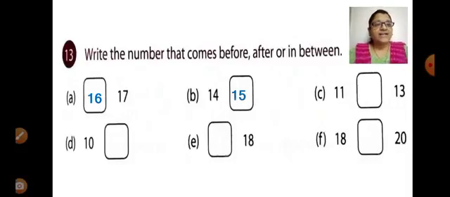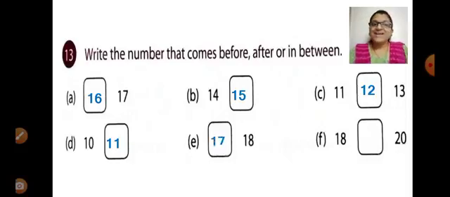Next, 11 dash 13. Here we have to find out the between number. Number 12 comes between 11 and 13. Next, 10 dash. Number 11 comes after number 10. Next example, dash 18.